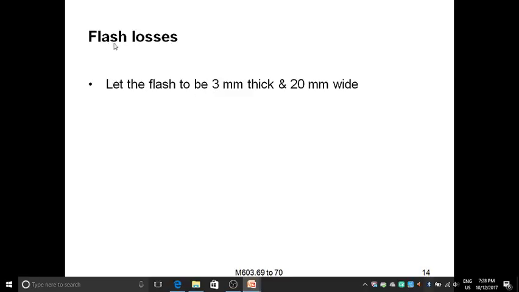To calculate the flash loss, you need to calculate the perimeter of the object first. That will become the length of the flash, which is useful to calculate the volume of the flash.